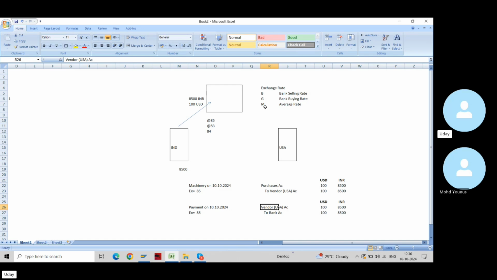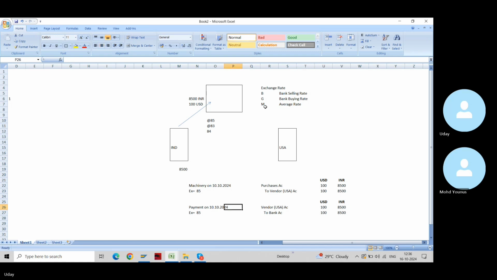So vendor account debit to bank. On the same day itself I am making the payment, so on 10th October also I have the same exchange rate 85. So I will be giving $100, making the payment, and my local currency will be 8,500 only.